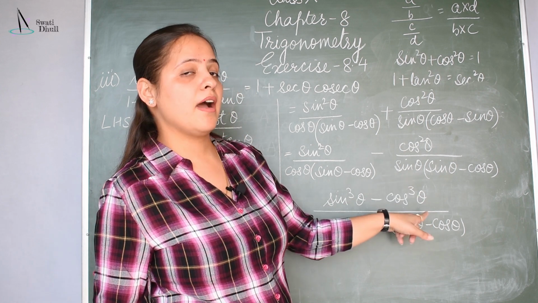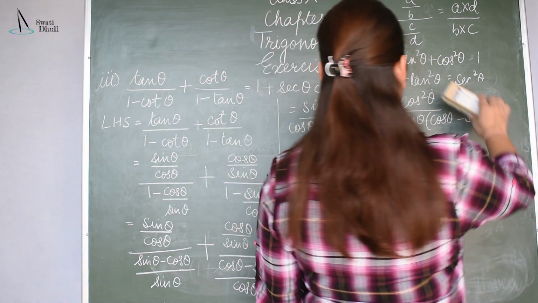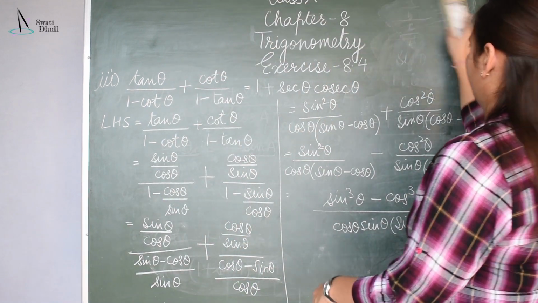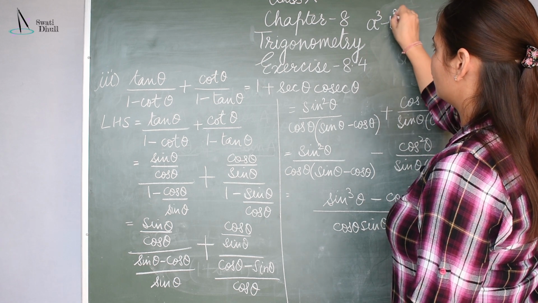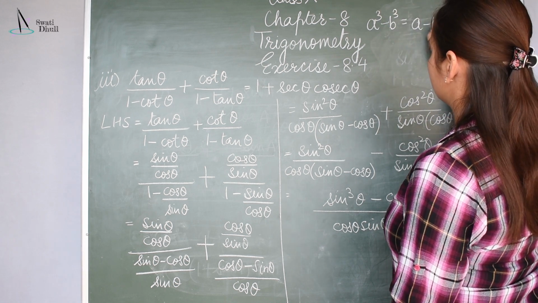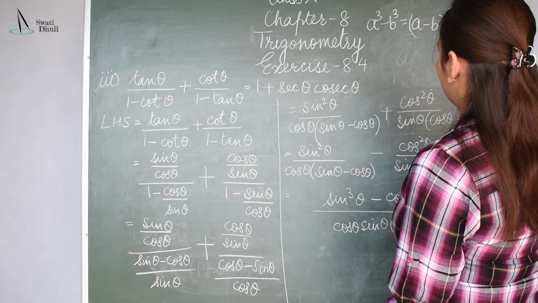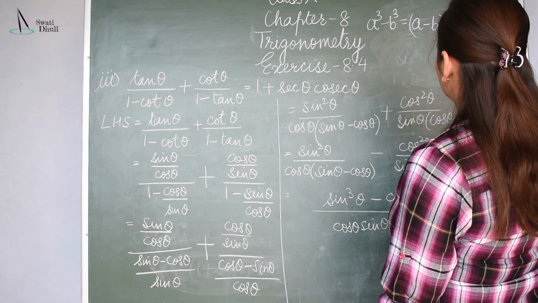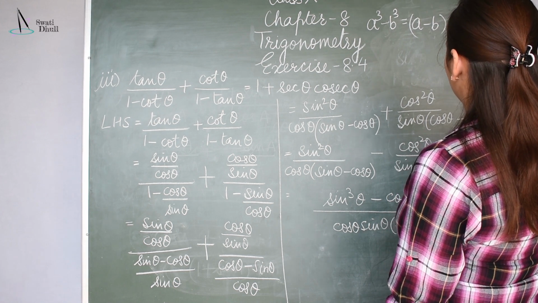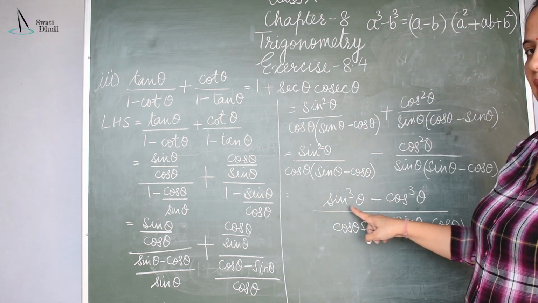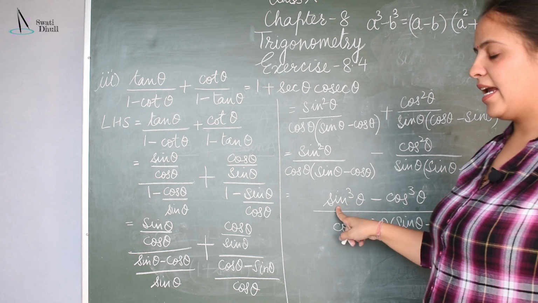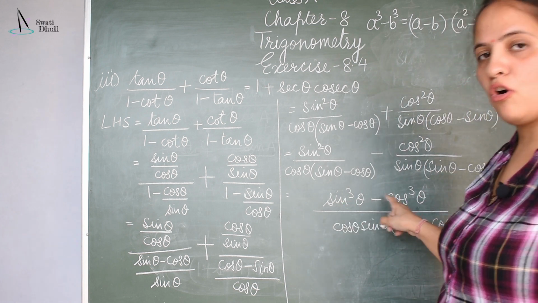A cube minus b cube. And we know that a cube minus b cube is equal to a minus b into a square plus ab plus b square. Now we'll use this identity here, a cube minus b cube, where a is sin theta and b is cos theta.